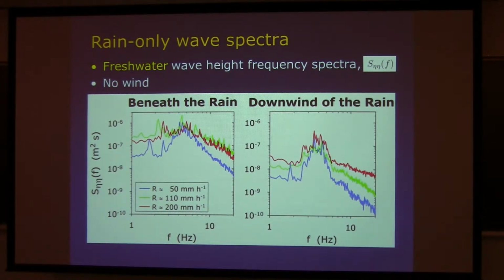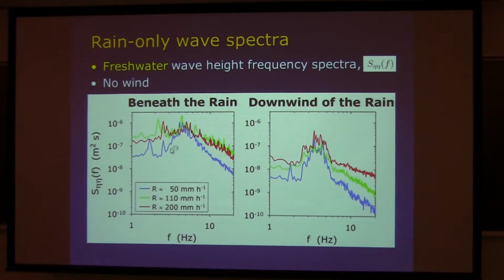So to start, we're going to look at the rain-only wave spectra, or the waves you typically think of when a single droplet of water hits a water surface and generates those nice spring waves. These spectra are for freshwater impacts and no wind. On the left are those generated beneath the rain, and those measured directly downwind of the rain.